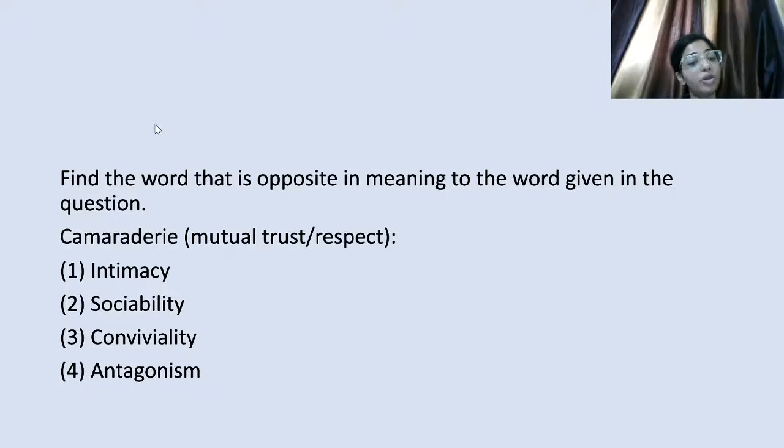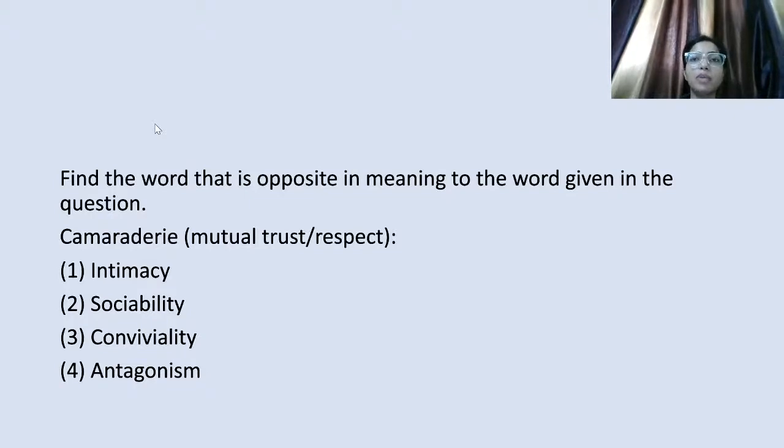But the fourth word is antagonism. Antagonism means having the feeling of hostility towards somebody. If you've heard of protagonist, somebody who is in favor, then we have antagonist, somebody who is not in favor. Antagonism is the word given to that feeling where you are hostile towards somebody or something.